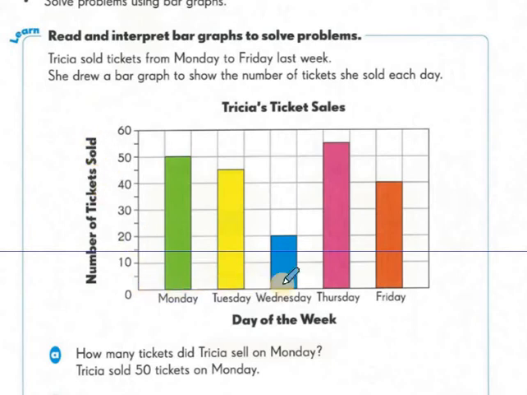The horizontal axis is showing the days of the week. And I can see she sold tickets on Monday, Tuesday, Wednesday, Thursday, Friday. And this data chart does not show any ticket sales for Saturday or Sunday. So I don't know if she sold tickets on Saturday or Sunday. And the label here tells me what this axis is measuring.